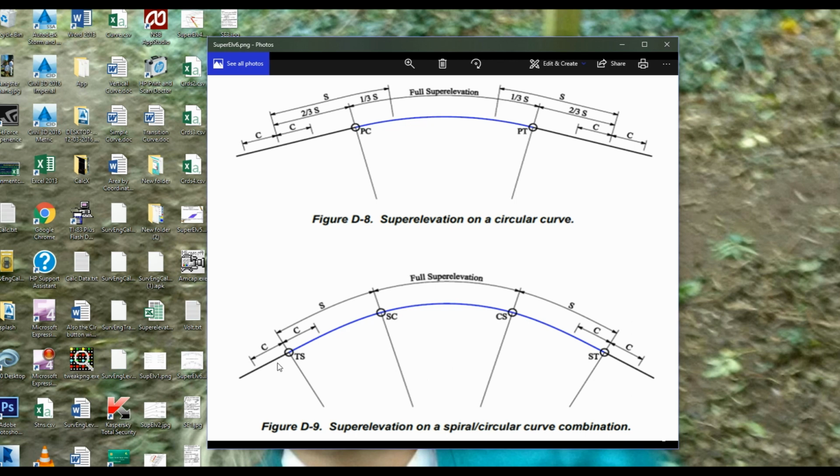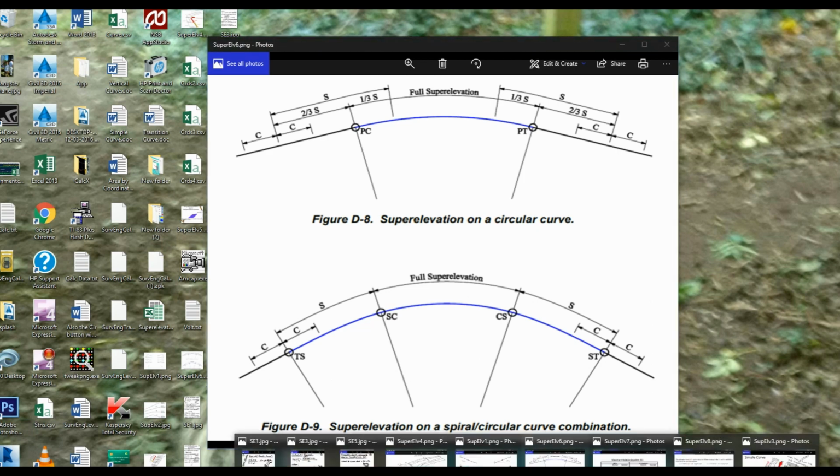The only thing that we need to work out is the run out and the continuous crown. And I've actually used this for the SurvEngCalc Superelevation app or procedure within the app. So we're going to work through a little example for that now.